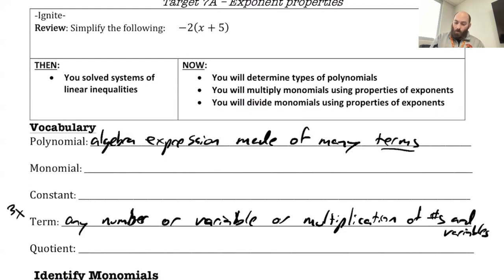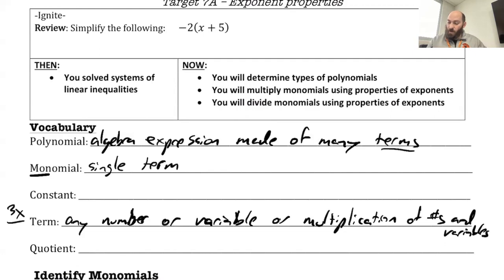When I look at that, that means right there, that's a combination of 3 times x. That gives me a term there. Okay, so if I look up at a monomial, that is a single term. That's what's in the mono there, so that's just a one term idea.